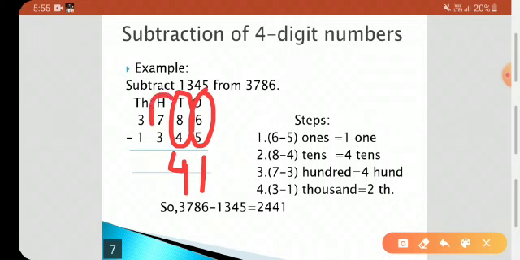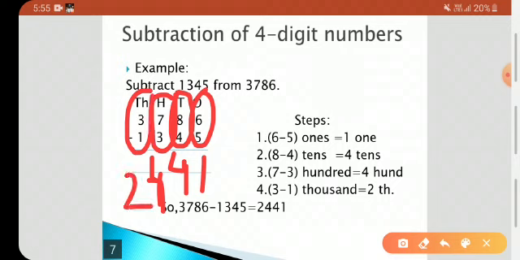Then hundreds. 7 minus 3, 4. Then thousands. 3 minus 1 is 2.